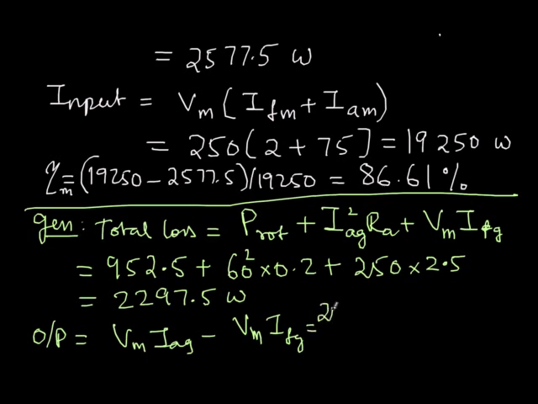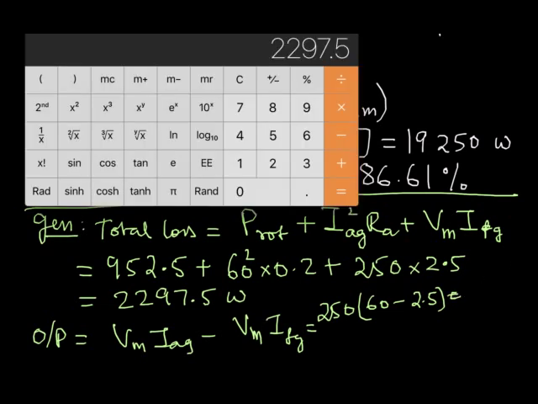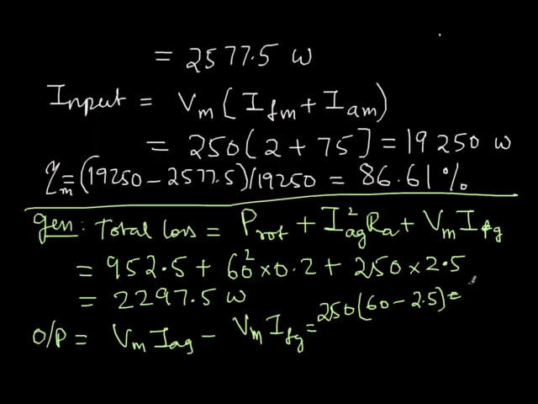So that is 250 multiplied by 60 amperes minus the field current of 2.5 amperes. So this is the total output. I'm running out of space, so I'm cramping a little bit. 60 minus 2.5 multiplied by 250 is 14375. So 14375 watts is the output of the generator.